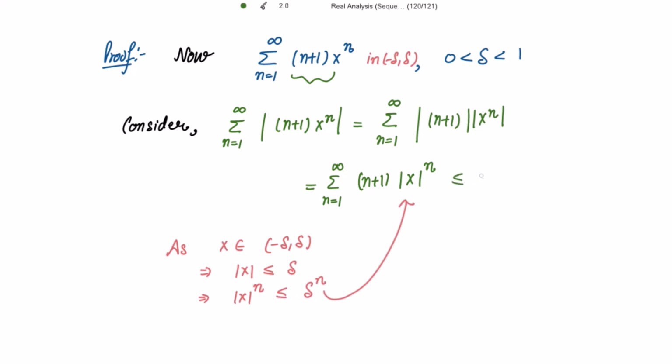So this is less than or equal to summation n going from 1 to infinity n plus 1 delta to the power n. So what we are getting: summation n going from 1 to infinity mod of n plus 1 x to the power n is less than or equal to summation n going from 1 to infinity n plus 1 into delta to the power n.